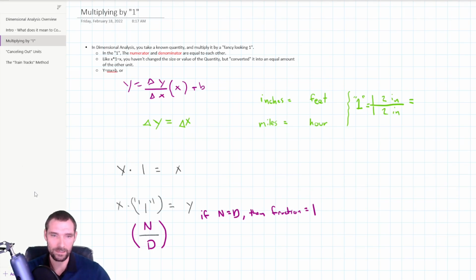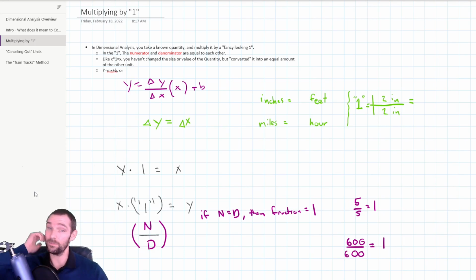Because it's like if you've got 10 over 10 or 5 over 5, right? So if we have 5 over 5, that's equal to 1. If I have 600 over 600, that is also equal to 1. So if we've got the same thing in the numerator and denominator, we haven't really changed the value because they're equal.